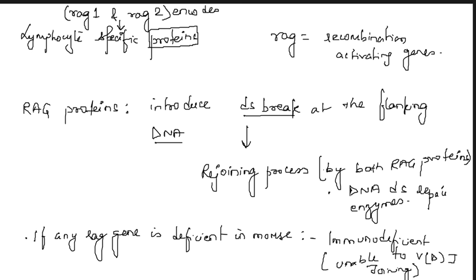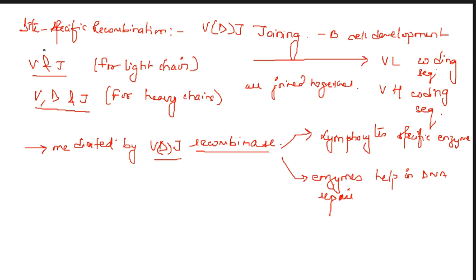So I will recall again what we have learned. First of all, what is site specific recombination? Here a process is involved which is VDJ joining. In VDJ joining, VJ joins for the light chain and VDJ joins for the heavy chain. They form the VL coding sequence for the light chain and the VH coding sequence for the heavy chain, and this is mediated by the enzyme VDJ recombinase.